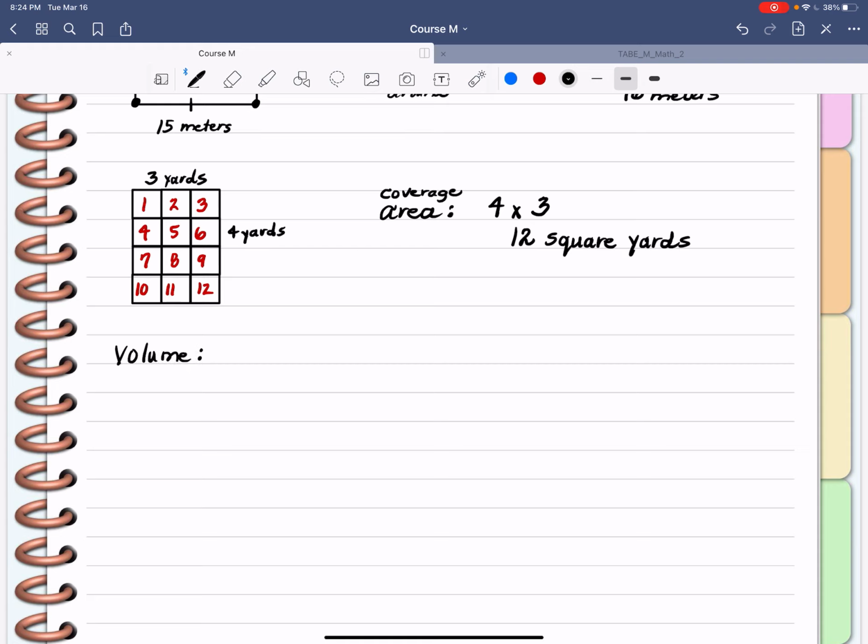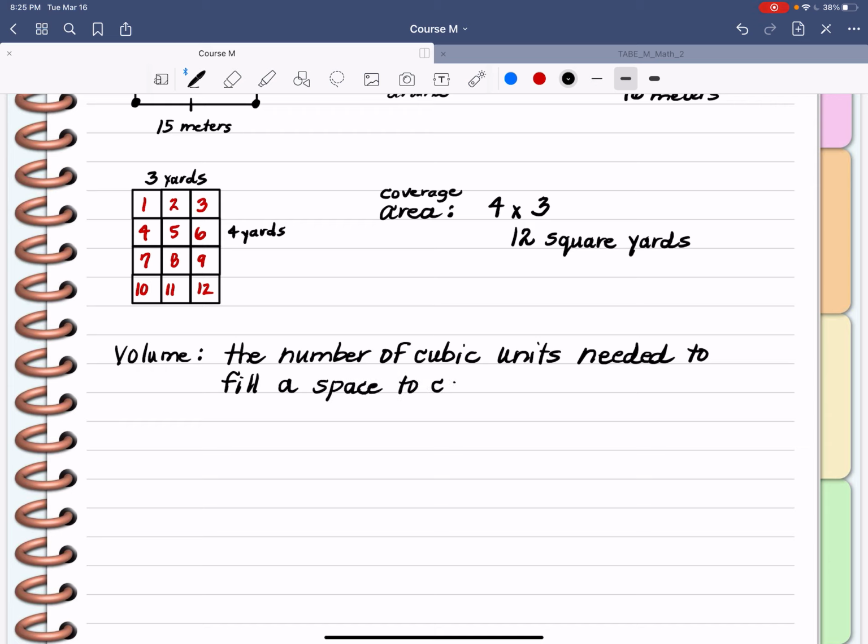And here's the definition of volume. Volume is the number of cubic units needed to fill a space to capacity.